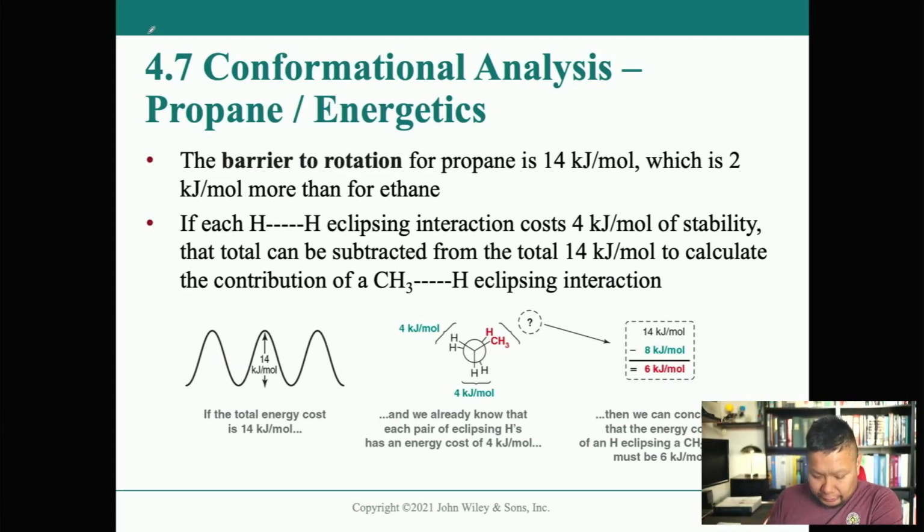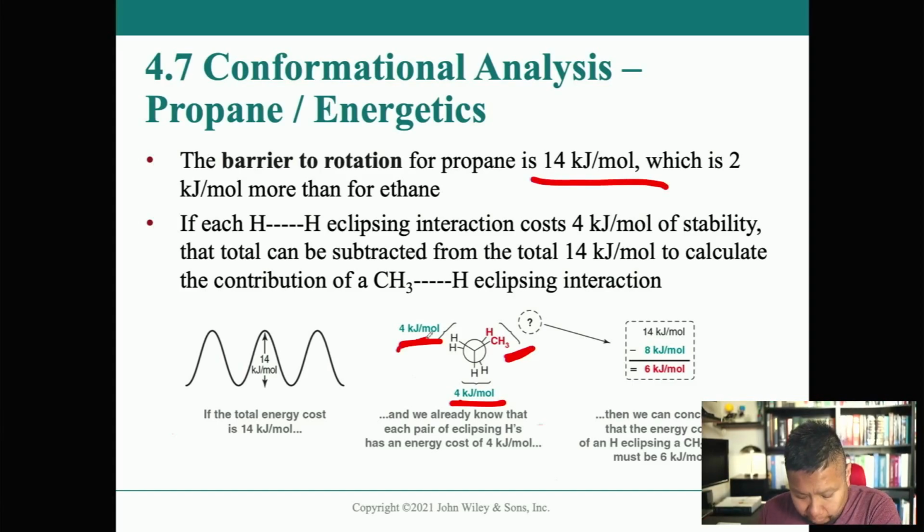And so what that means is that as each hydrogen passes each other in eclipsing, we already know that's 4 kilojoules per mole from the ethane example. Then the question is, what is the energy cost for a hydrogen being eclipsed by a methyl group? Well, it's easy because we already know experimentally that 14 kilojoules per mole is the total cost.